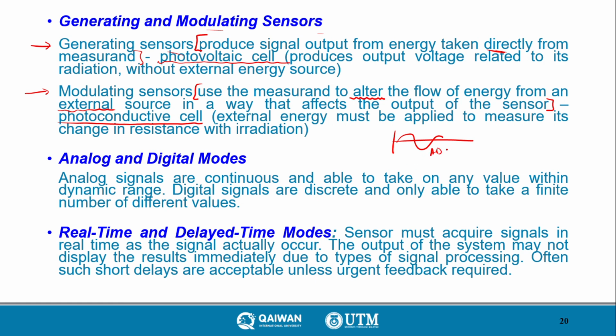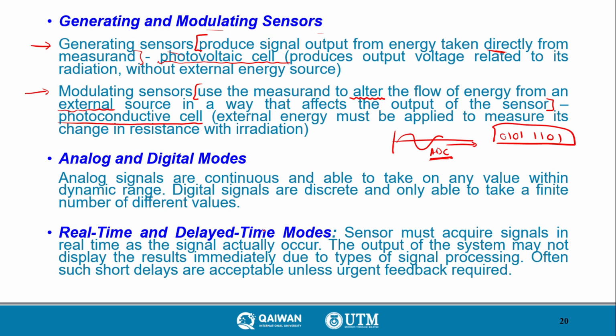By using ADC, this signal is changed into a digital signal, which depends on the type of ADC. For example, 8-bit ADC, the signal will be 0, 1, 0, 1, 1, 1, 0, 1. This is an 8-bit code resulted from 8-bit analog digital converter.